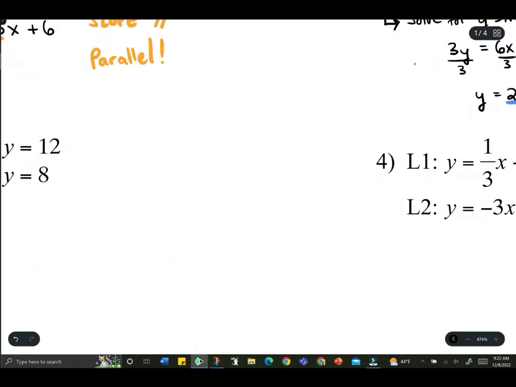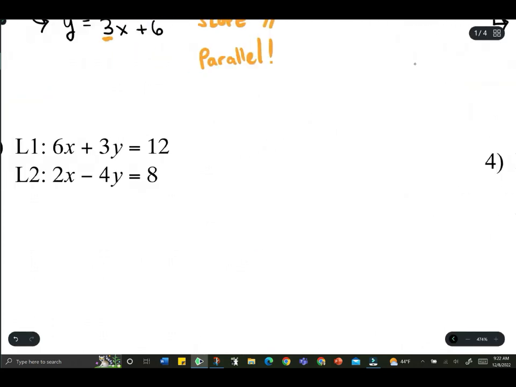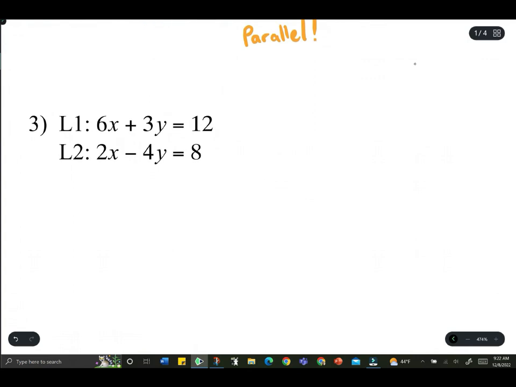Now, let's see some other examples here. We haven't seen a perpendicular one yet, so maybe that's what happens here. For both of these equations we're going to need to find the slope. Line 1 is 3y equals negative 6x plus 12. I would divide by 3, and y is equal to negative 2x plus 4.